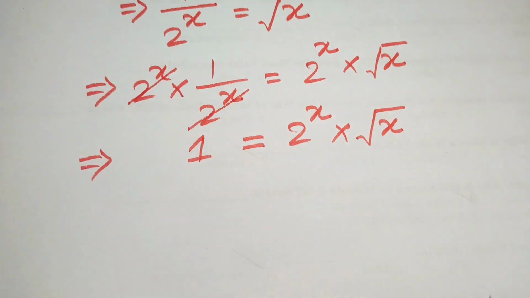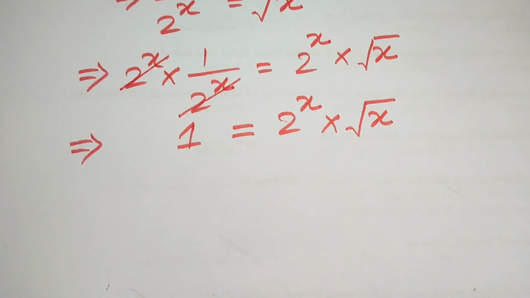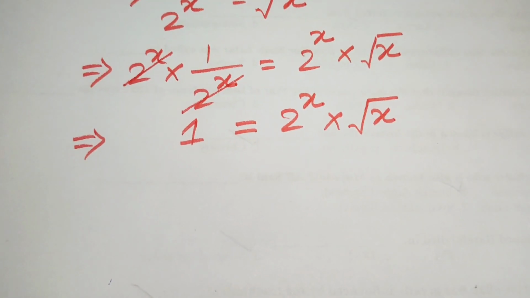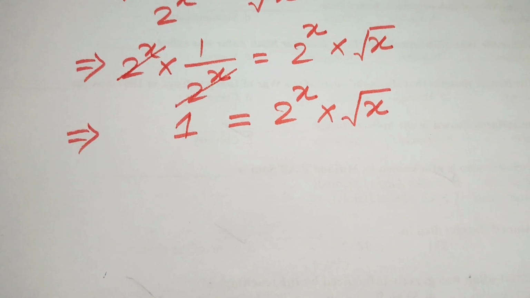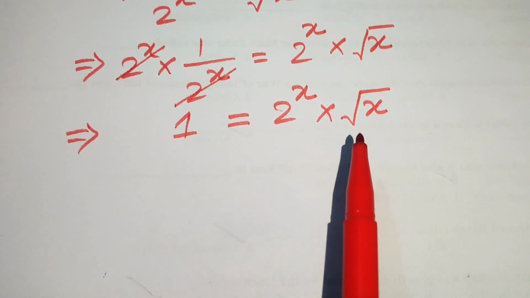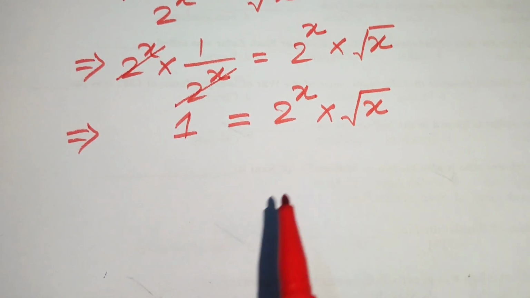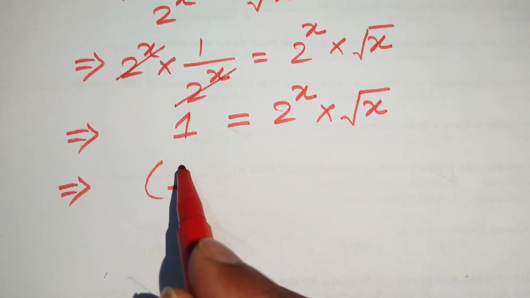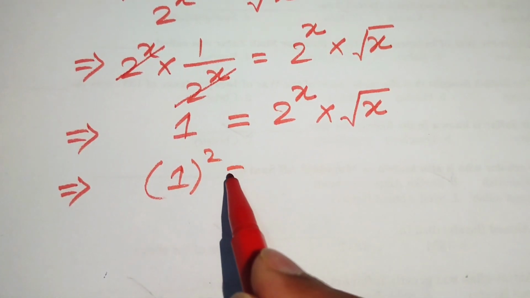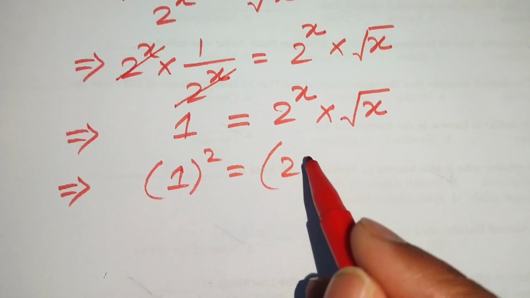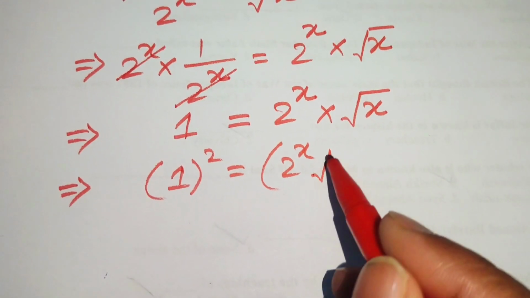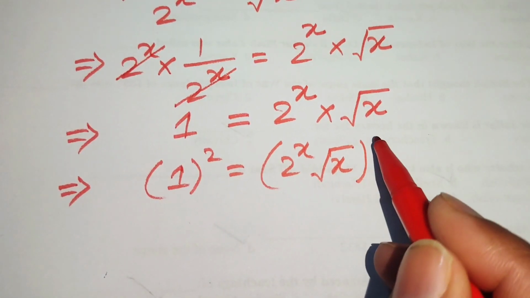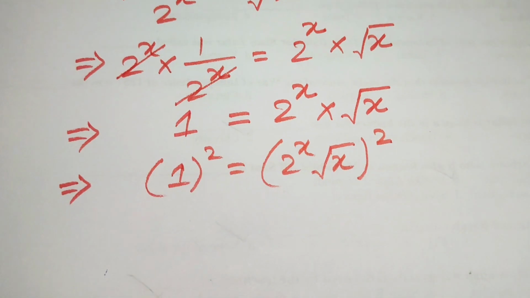Further, we focus on both sides, and now we need to eliminate this square root sign on the right hand side, so we take the square on both sides. It will be written as 1 squared equals 2 to the power of x into square root of x, whole squared.